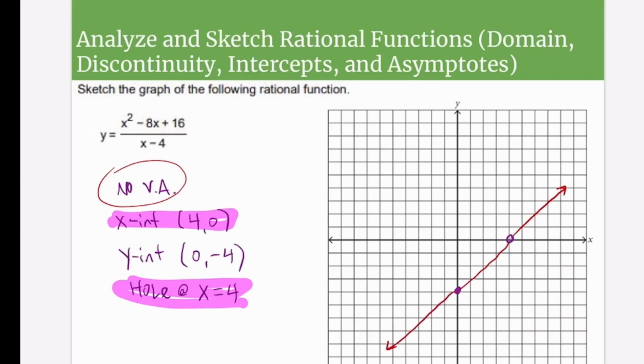And that's what our graph would look like. So originally it looks like a rational function, but because it simplifies into a linear function, the only thing that changes is that we have this removable point in there. And that's how you would graph all different types of rational functions.